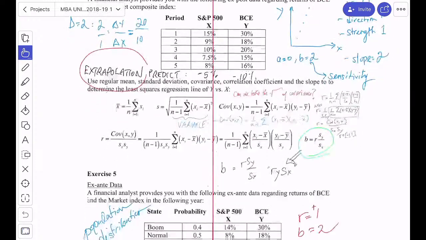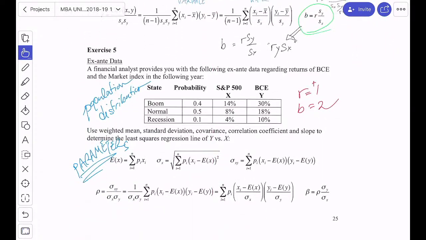That's slightly different from ex ante data, where this represents a probability distribution that's derived from using past data, forecasts of the future, including economic forecasts, okay, not just information about the BCE returns in relation to a broader market index set of returns.